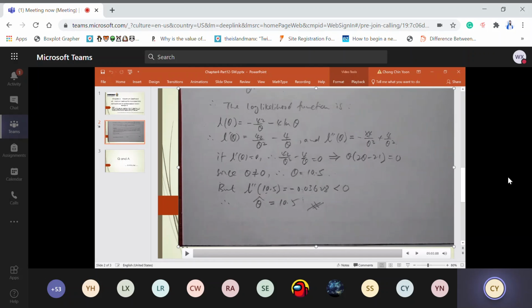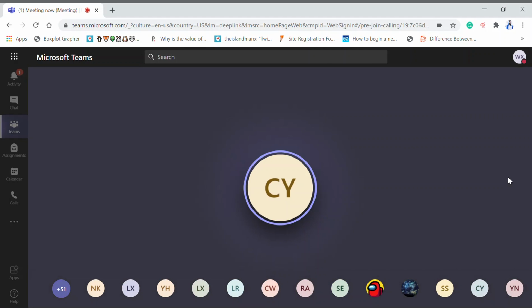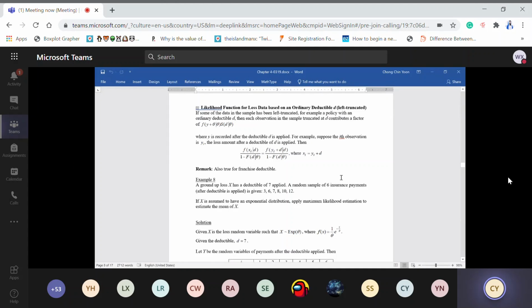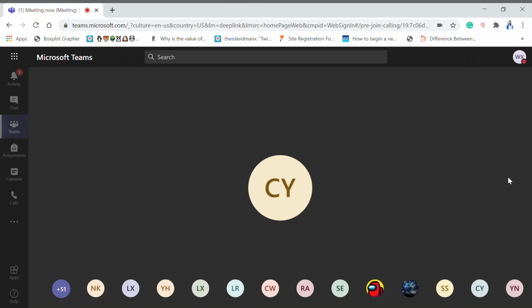Although, let me share it with you. It's very easy to memorize. Not memorize, I mean, to apply the formula. So let me show you. This is the notes you have.